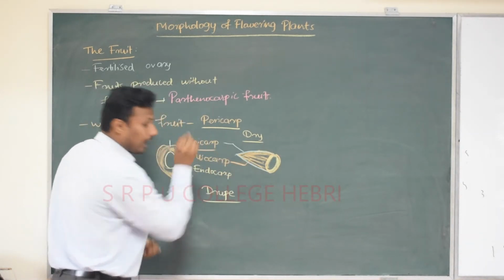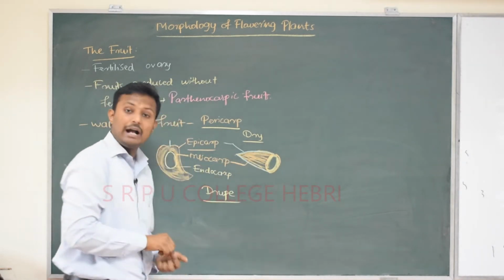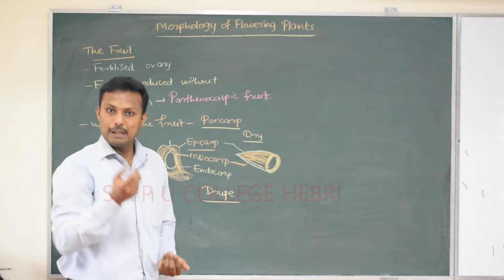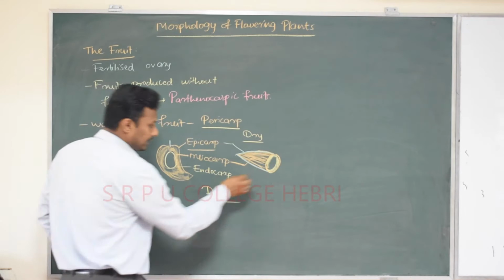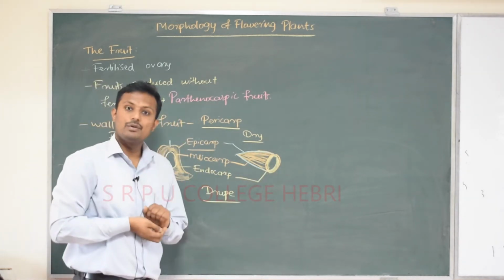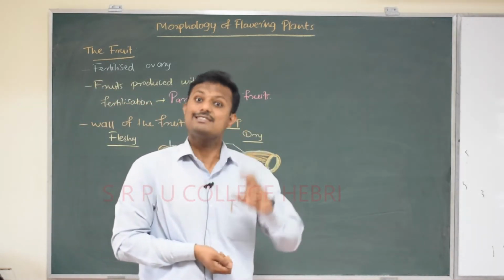The mesocarp. The middle layer is what is called as mesocarp. And the white layer, which is the edible portion of the coconut, that is nothing but the endocarp, right? So here what we actually eat in the coconut is nothing but the seed.